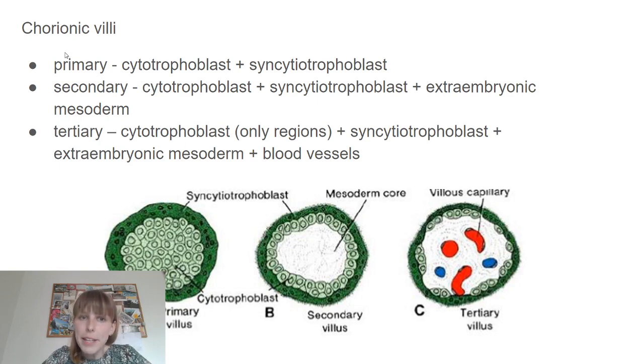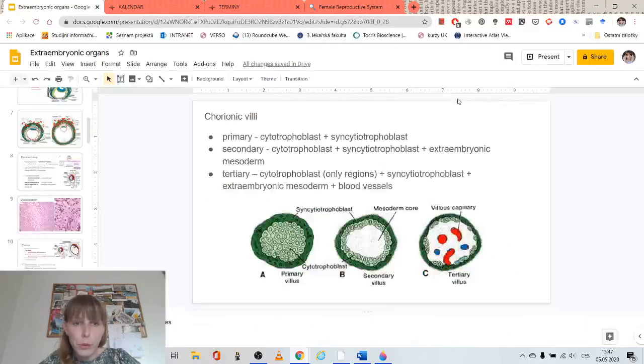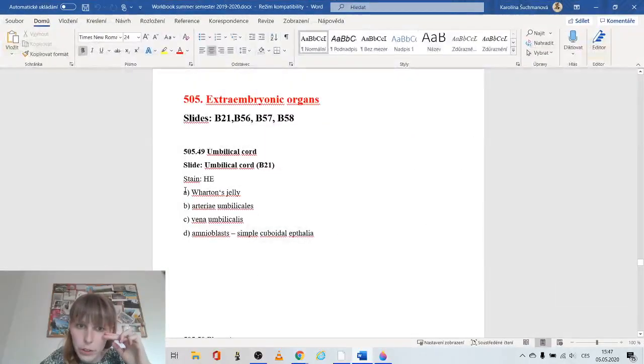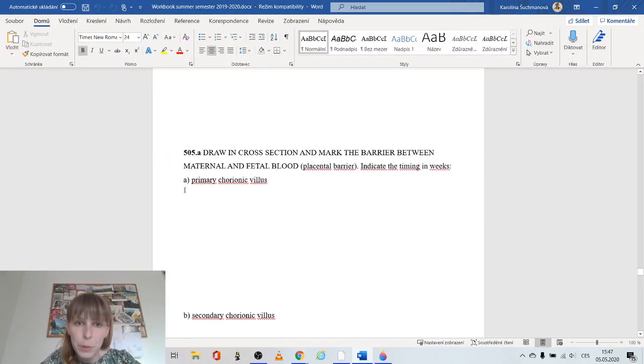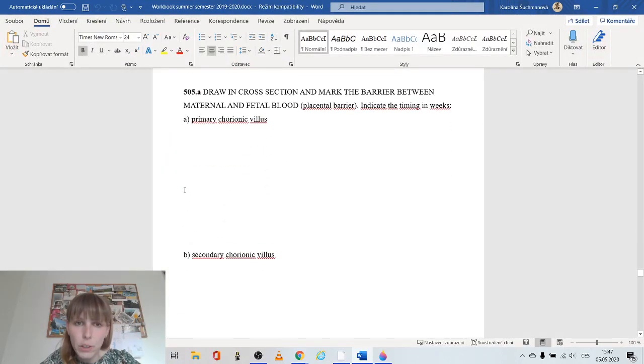And depending on their development, the chorionic villi can be divided into three groups. And you also have this in your workbook. Let's skip what we will see in a while.